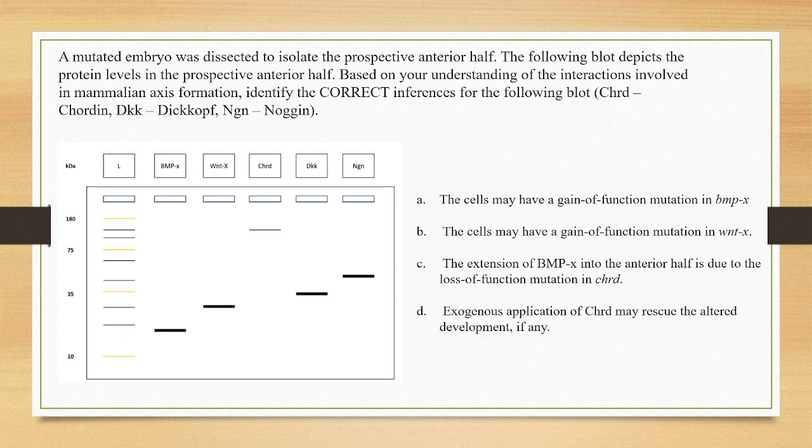If this is, let's say, 20 kilodalton, you can say that it is somewhere between 10 to 20 kilodalton. The exact sizes are not all given, but from here you get a little estimation that whatever protein you have got from this lane, it is somewhere between 10 to 35 kilodalton, or 10 to 20 kilodalton. So the ladder acts as a reference point, a positive control also you can say.